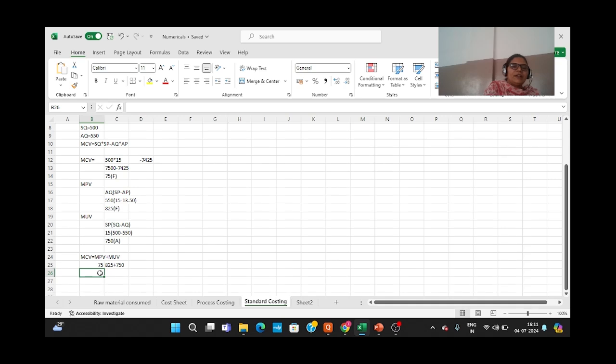So 75 is equal to 75. This is a minus value.